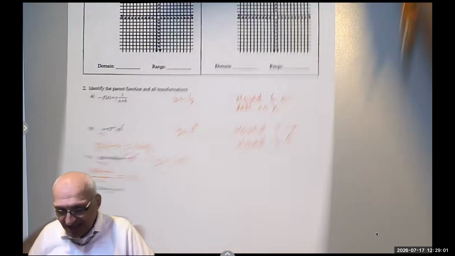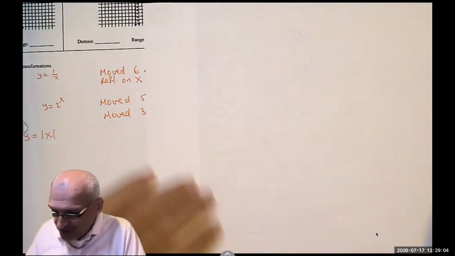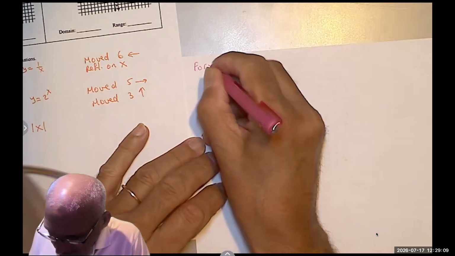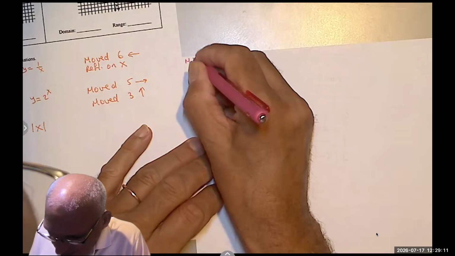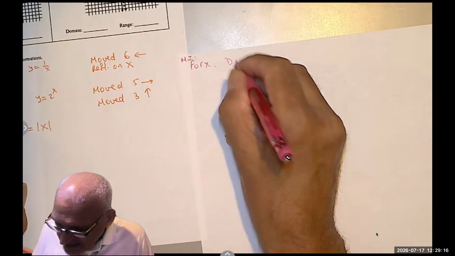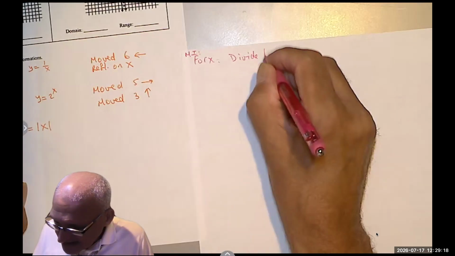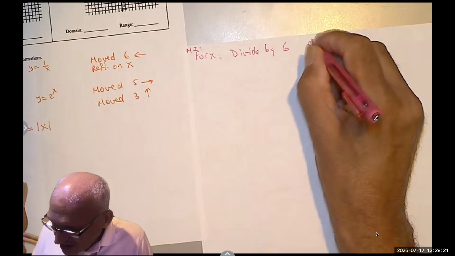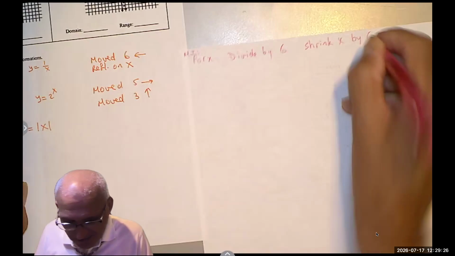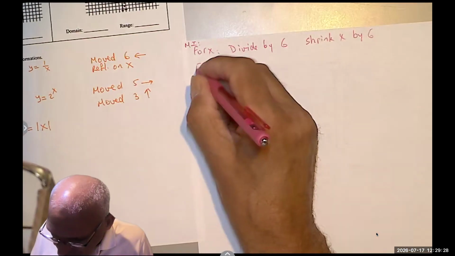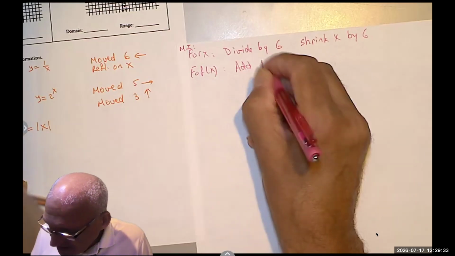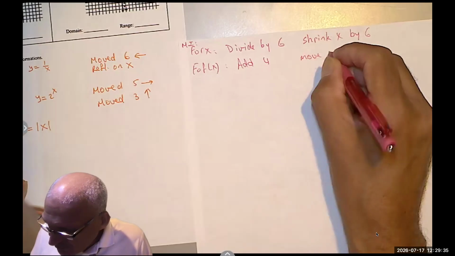Let me, on a different page, show you both methods. So for the x, this is method 1. For the x, I'm going to divide by 6, meaning shrink x by a factor of 6. And for the y, or for f of x, I'm going to add 4, meaning move 4 units up.